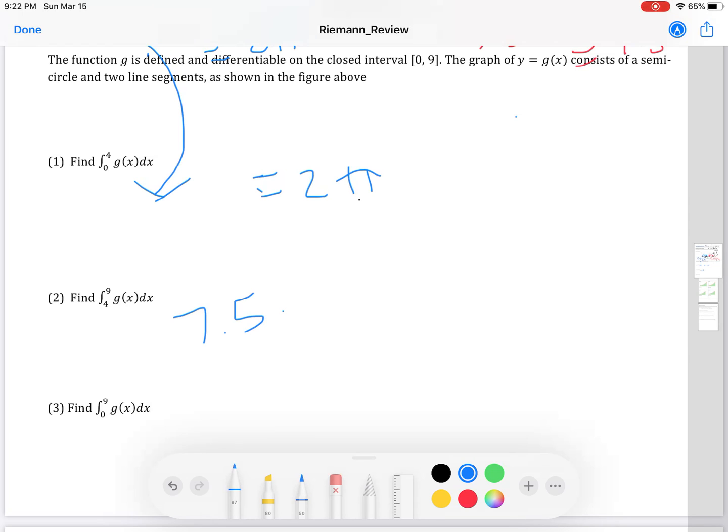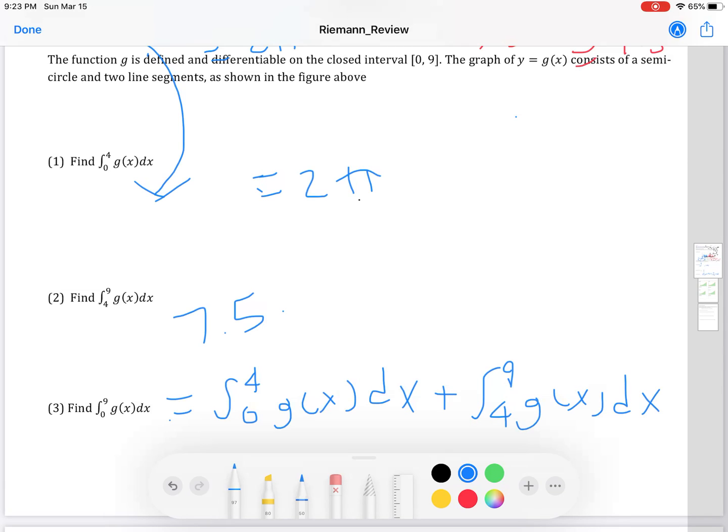This is a logical property of integrals. It says that the integral from 0 to 9 is the same thing as adding the integral from 0 to 4 of g of x dx, plus the integral from 4 to 9 of g of x dx.